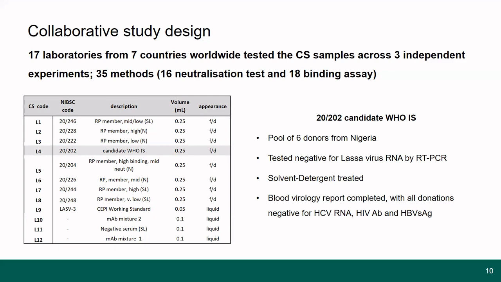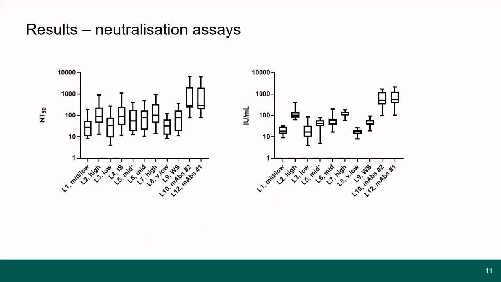The reason we have other samples is that the important thing for an international standard is that it has to perform well in all the assays currently used, but we also need to prove that the use of the standard can harmonize the results of clinical samples for laboratories using similar testing. I have, as an example, only the neutralization assay, but the same was true for the binding assay.